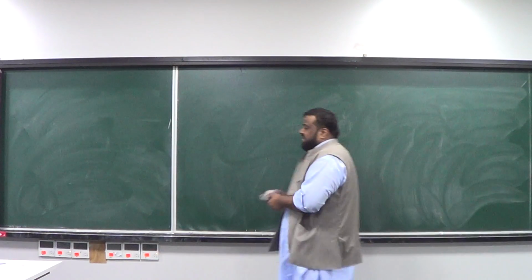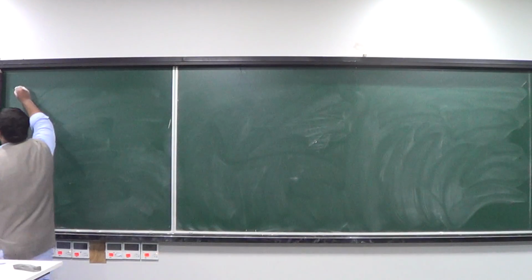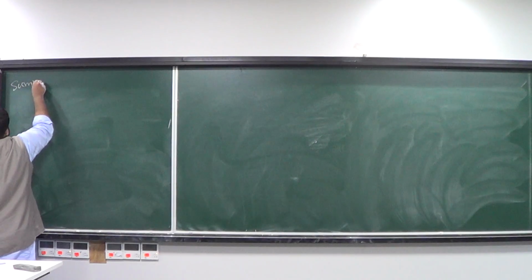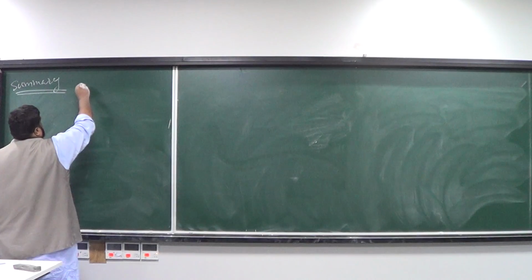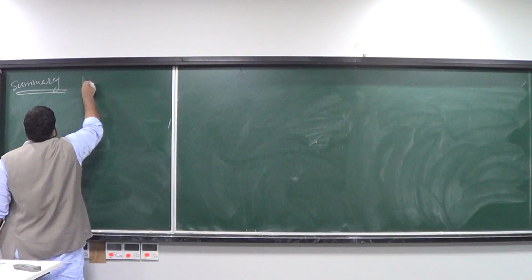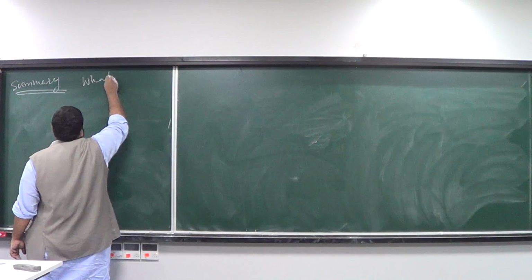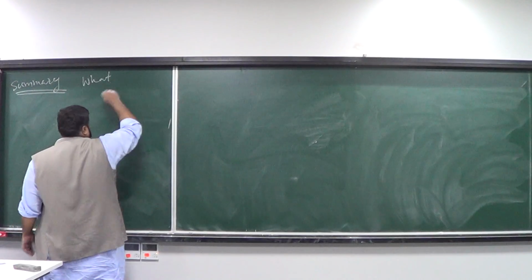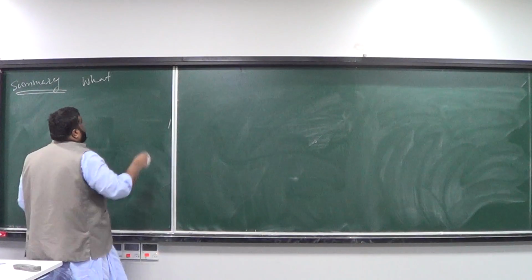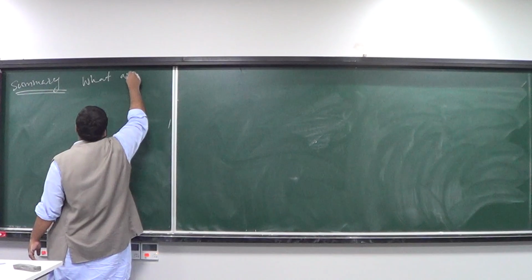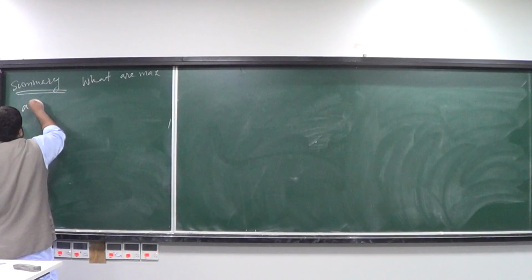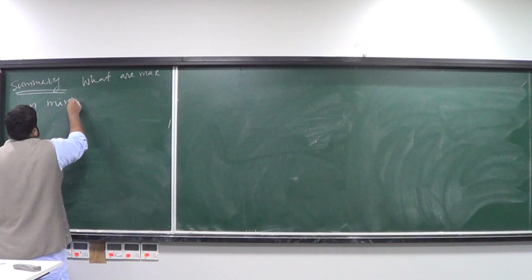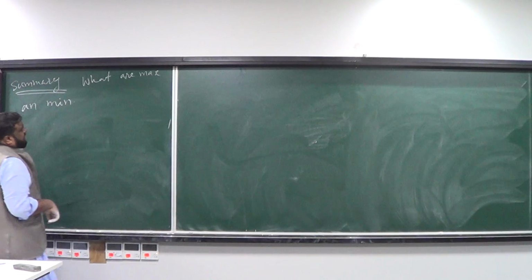So if I write a one-liner summary of what we did, we have answered the question. You should be able to answer the question after this discussion. What are maximums and minimums?